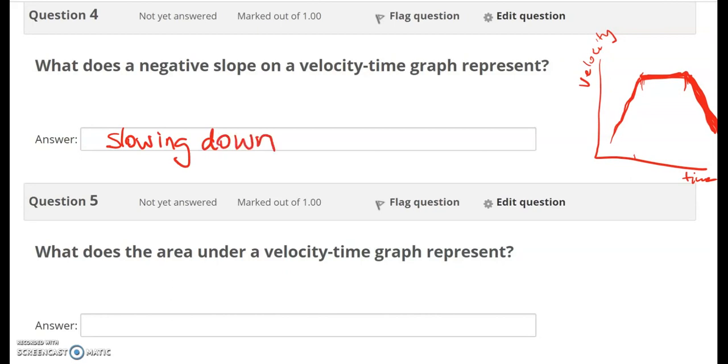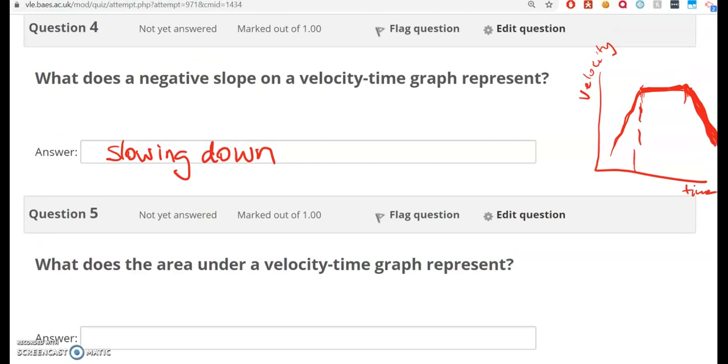In the next question, we've got, what does the area under a velocity time graph represent? Let's use the same sketch that we had here of the graph. So let's take this particular area. We've got time, so maybe this was 30 minutes, and velocity being maybe 30 miles per hour or 40, whatever it can be. So we've got the shape of a rectangle, don't we?